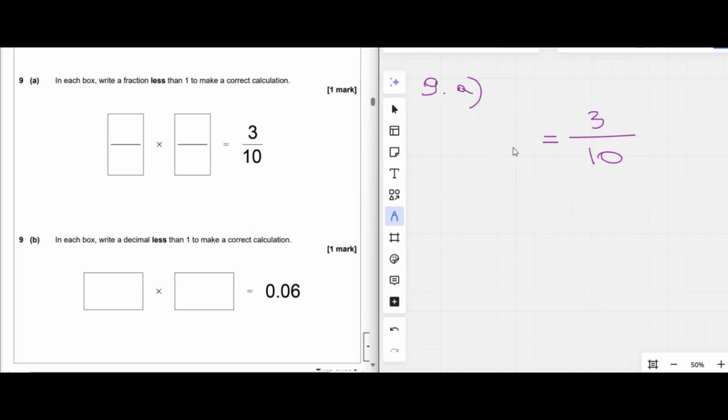So maybe let's just try with 1/2, for example. It's less than 1. And what we need to multiply this by to reach 3/10. So what must be the second fraction? 3 and 5. Yes, and it's less than 1 again. So that's one of the answers.